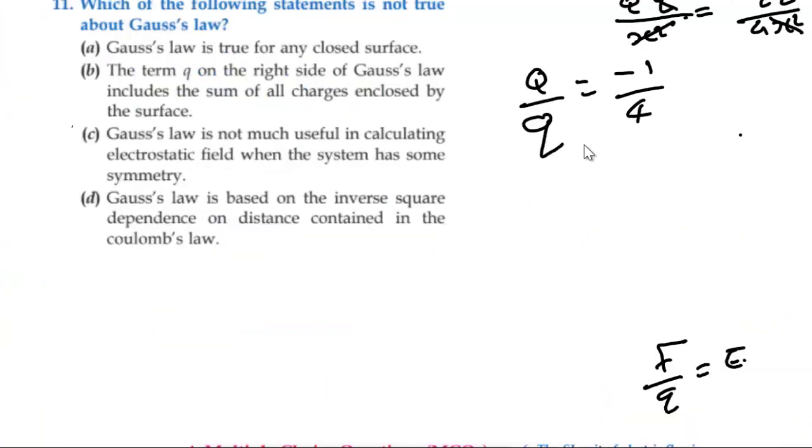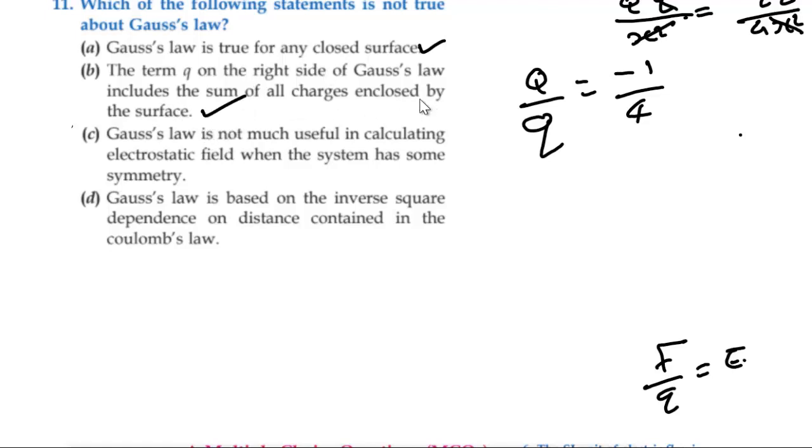Next question. Which of the following statements is not true about Gauss law? Gauss law is true only for closed surface. That is correct. The term Q on the right side of Gauss law includes the sum of all charges enclosed by the surface. That is also correct.